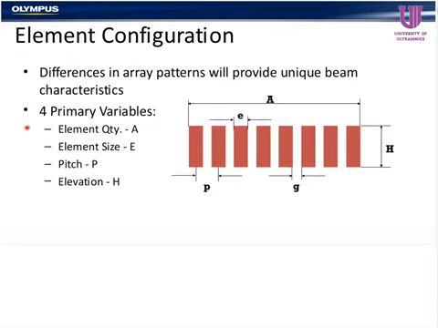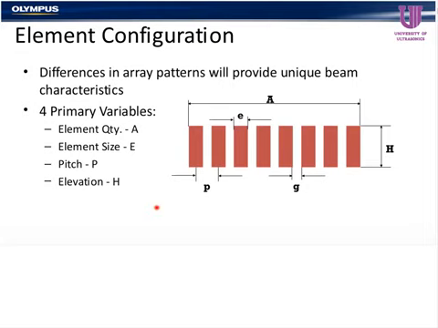We look at the physical size of the element. Are we using a larger element, a smaller one? We look at how close together they are, the pitch value. Are those elements spread further apart, or are they closer together? And then lastly, we look at the elevation of each individual element. Are they wider or are they more narrow?